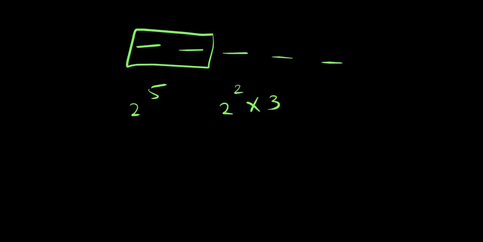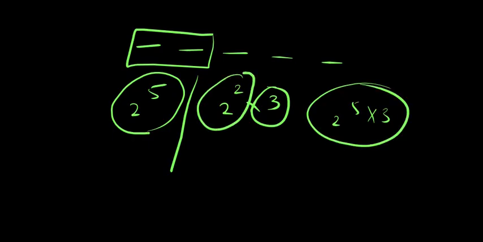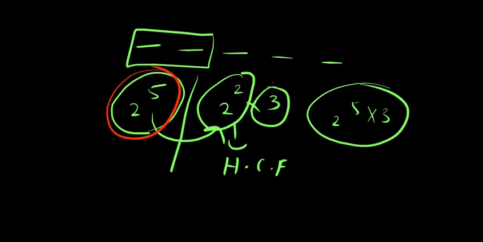Here, you take LCM as 2 power 5 into 3. This is LCM. This 2 square is nothing but both common in 2 power 5 and this 2 square. This is HCF. Whatever the LCM we cover here, if we cover this LCM, the left will be the HCF always, if we take only two.